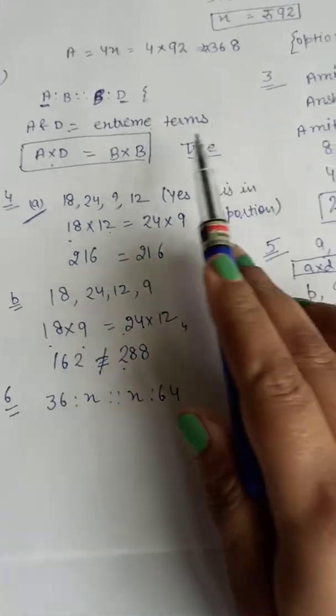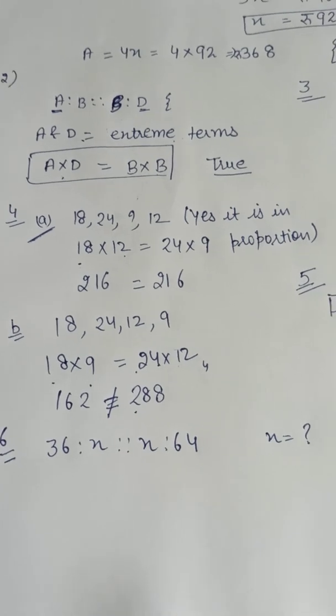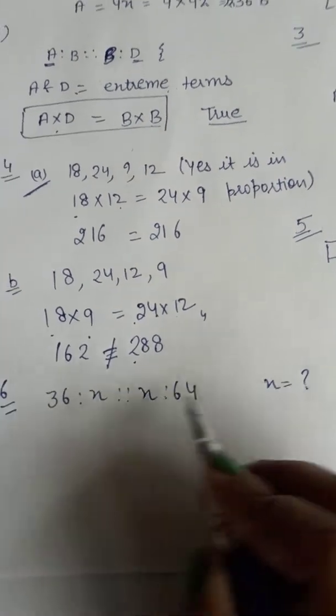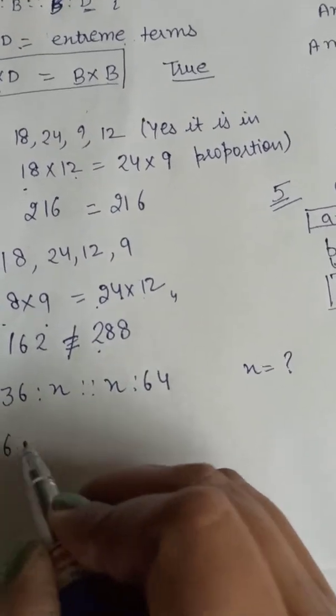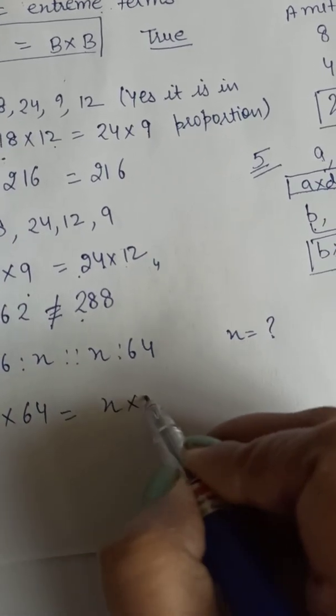So again we will apply this rule. If two ratios are in proportion, it means the product of extremes equals the product of middles.